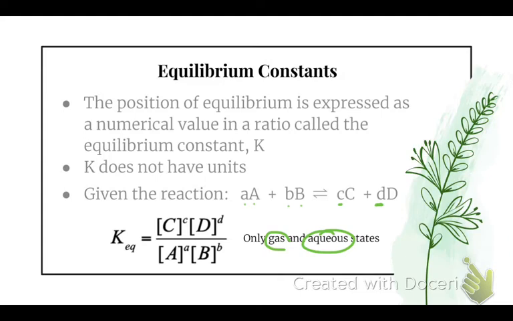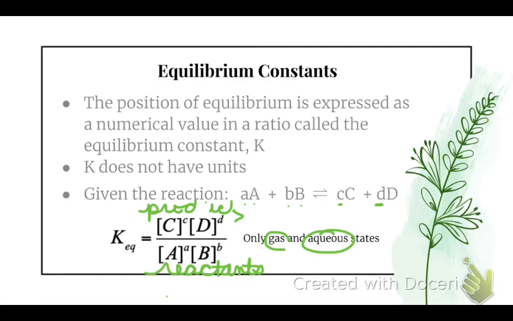And then in the denominator, I have the reactants. So I have products in the numerator and reactants in the denominator, each to whatever power the coefficient is. So that's how we set up the equilibrium expression.